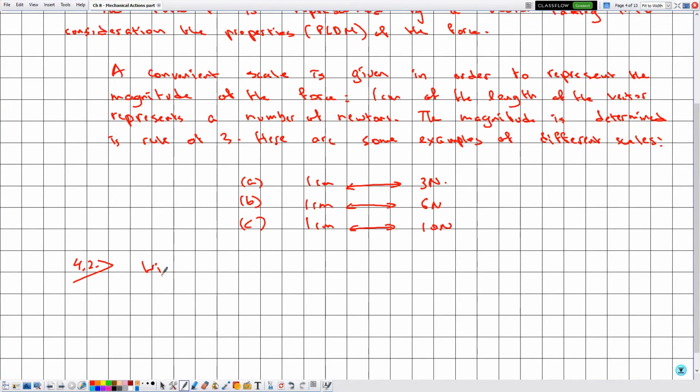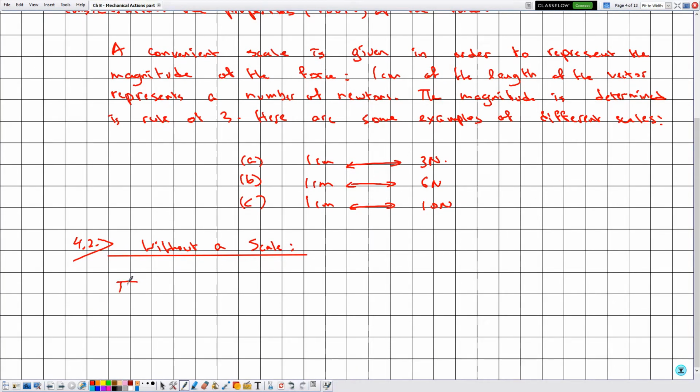Then without a scale, the force F is represented taking into consideration just the PLD without the M, excluding M. So here M is excluded, the PLD properties.